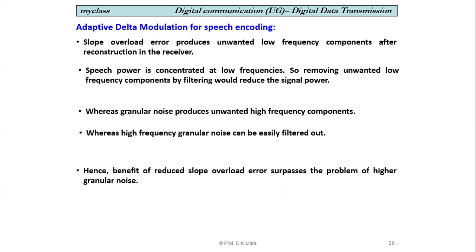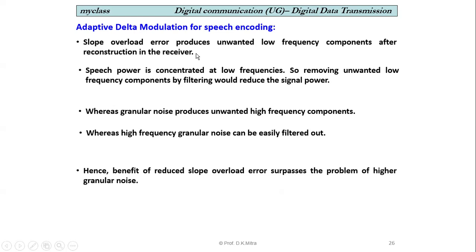Now, on the other hand, what we found? Slope overload error was reduced in adaptive delta modulation. So if the slope overload error was reduced, then the unwanted frequency components were also reduced.